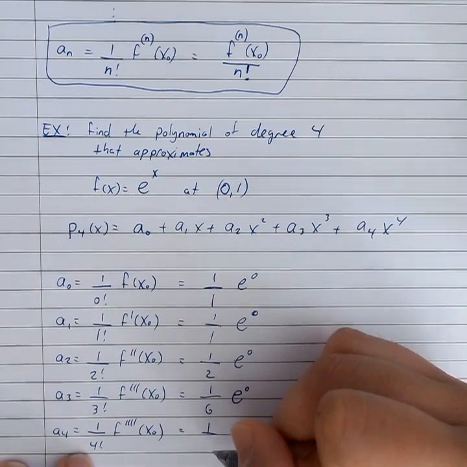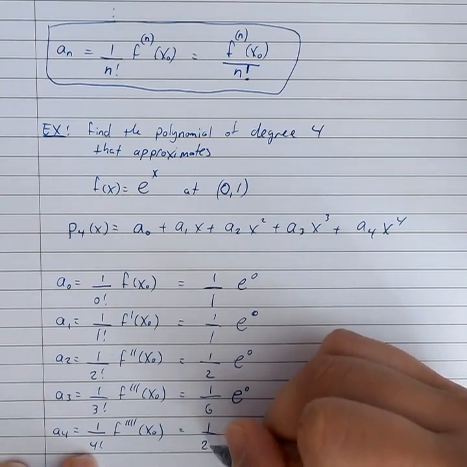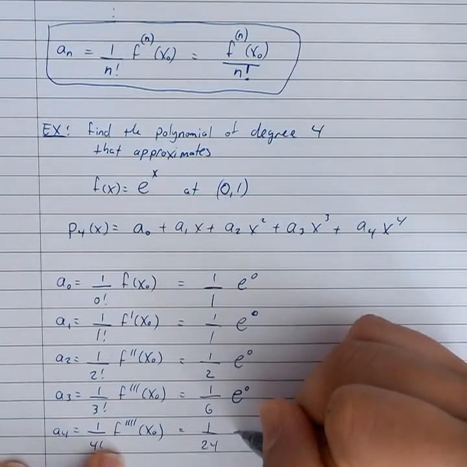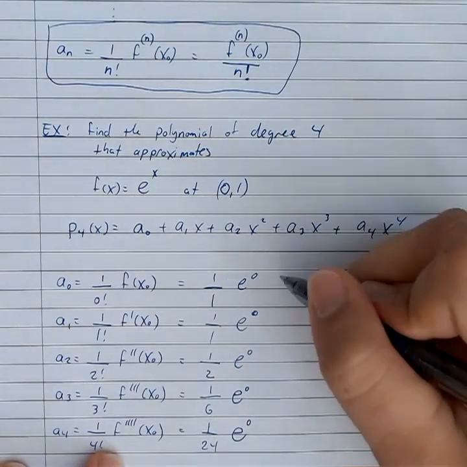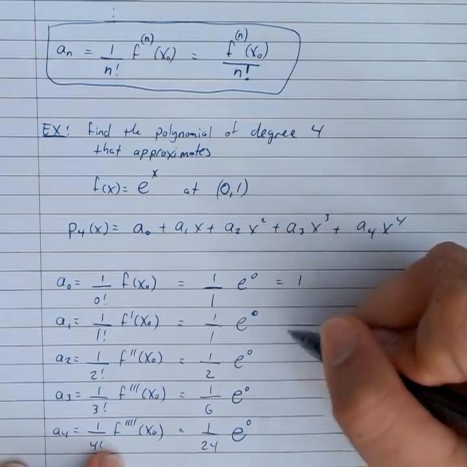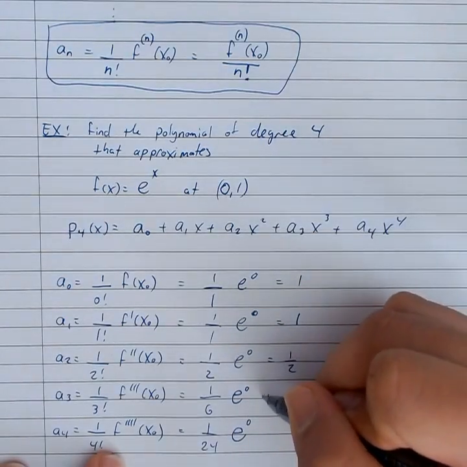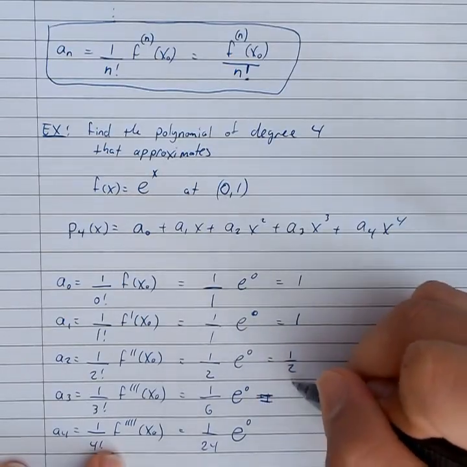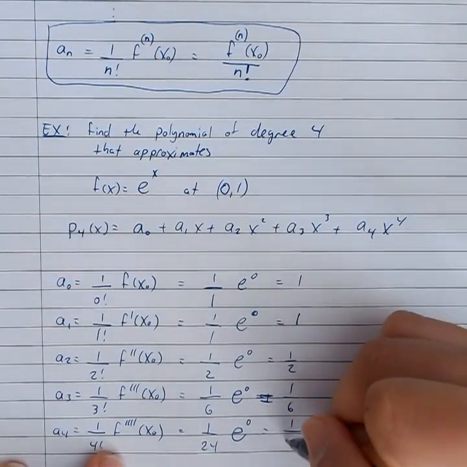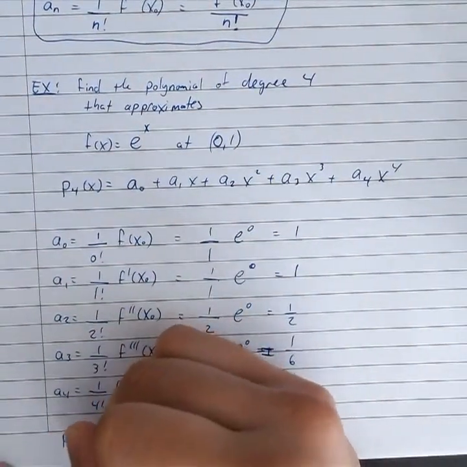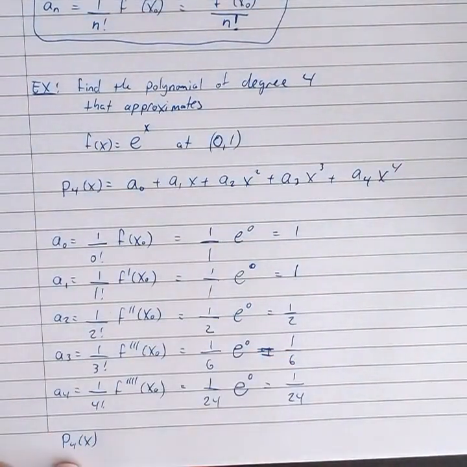And finally, 1 over 4 factorial, that's 1 over 24. And again, the derivative of this would be e to the x again, which we're going to plug 0 into. So here our coefficients are 1, 1, 1/2, 1/6, and 1/24.